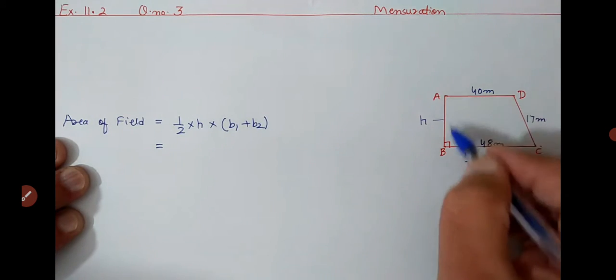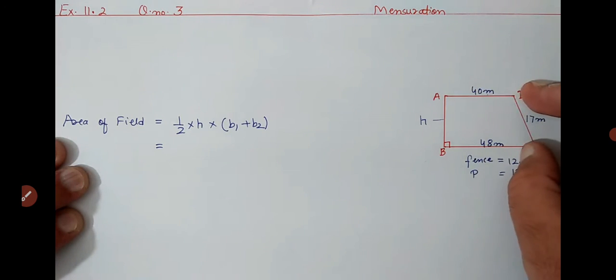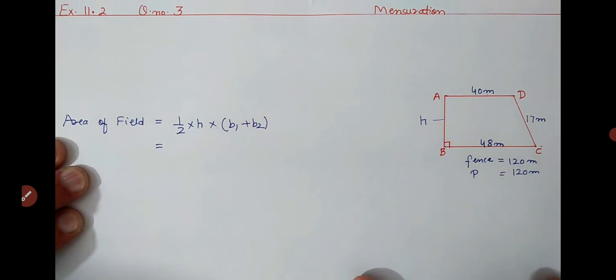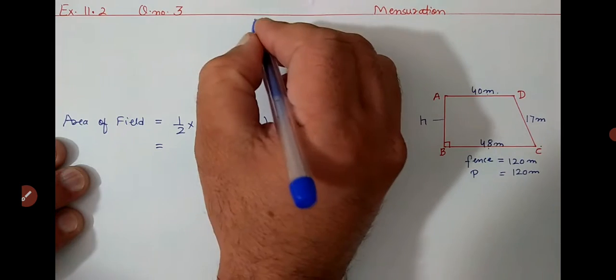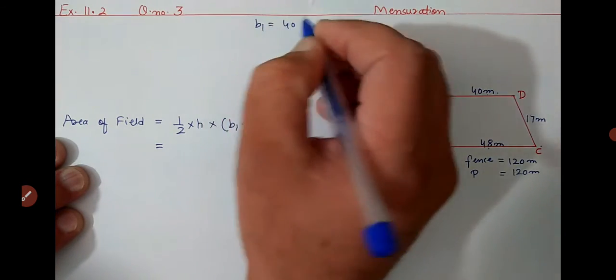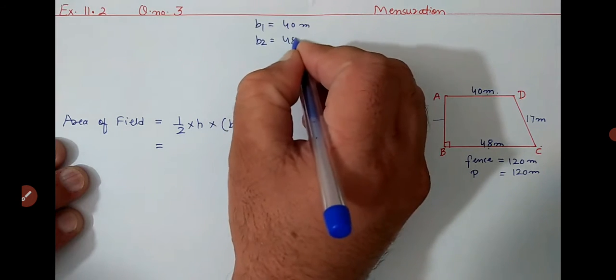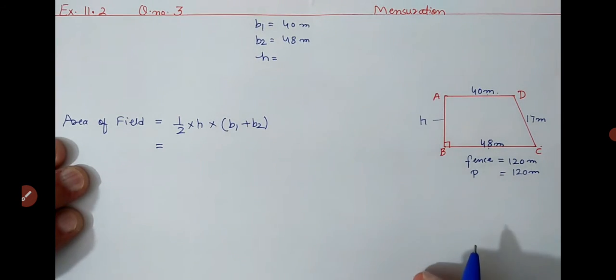So first we find H. We know 40 and 48. B1 is equal to 40 meter and B2 is equal to 48 meter, and we have to find the height.